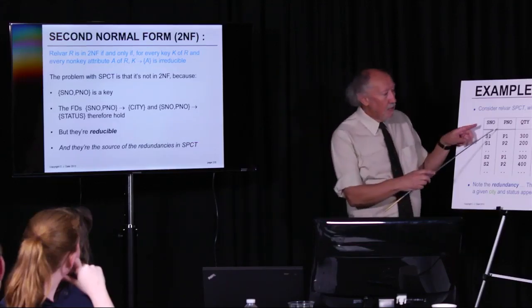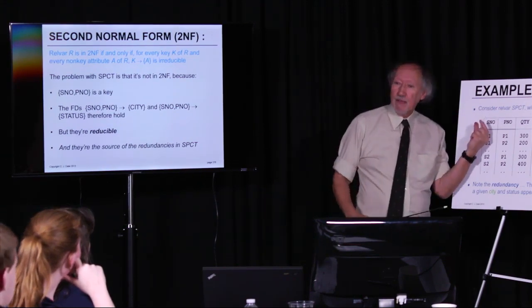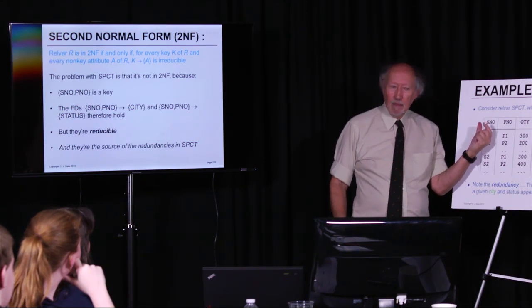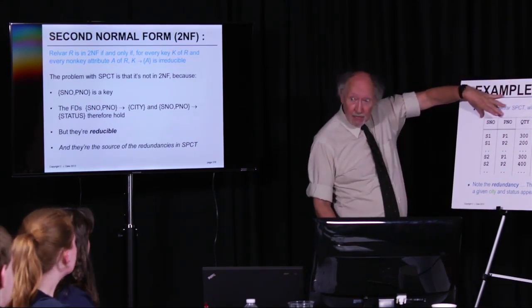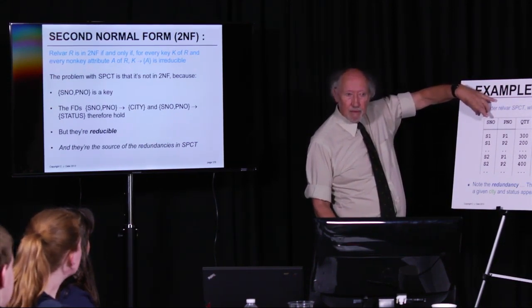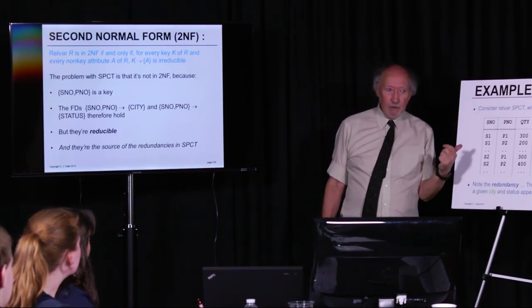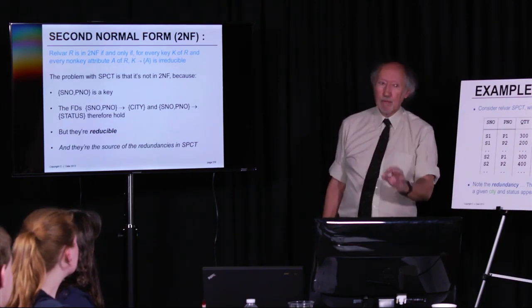So what we have here is arrows out of, not the whole key, but a piece of the key. That's what's wrong with this design. We have something that is functionally dependent not on the key, but on a proper subset of the key. That's why it's not in second normal form. Second normal form says these arrows out of keys must be irreducible.